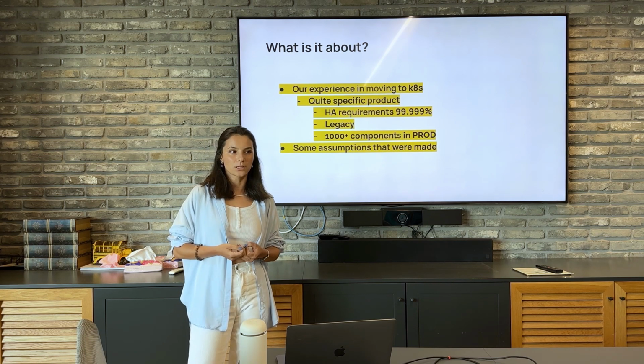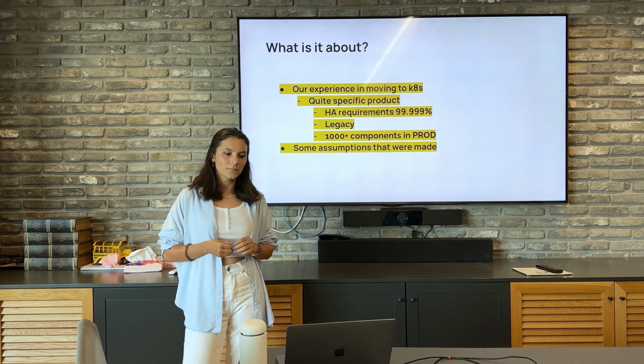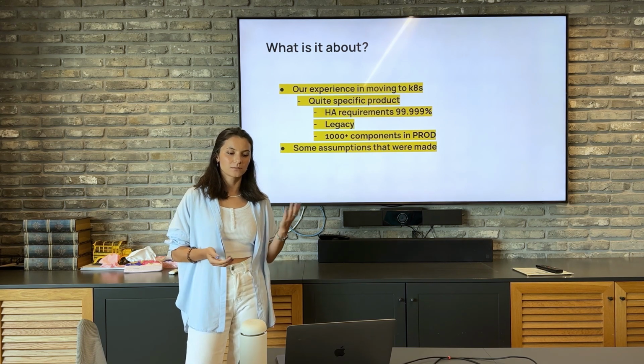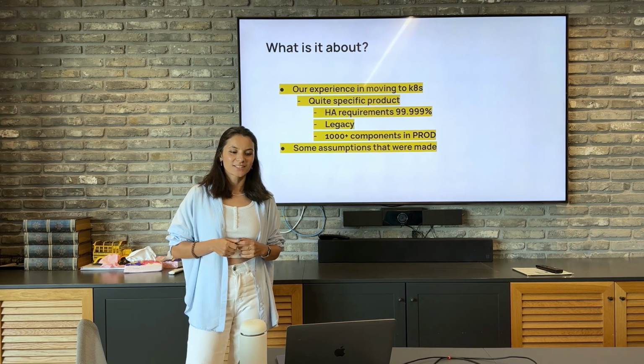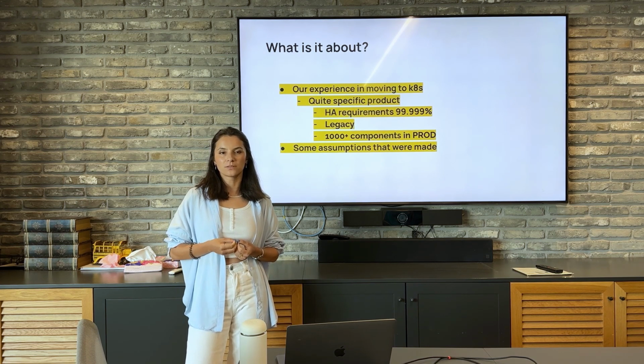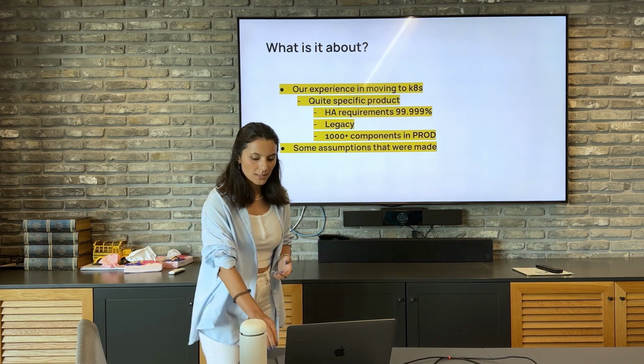It's very high quality. And it's important to say this here because you will understand it later. I will also talk about some assumptions that we've made, and they were a little bit mistaken assumptions.